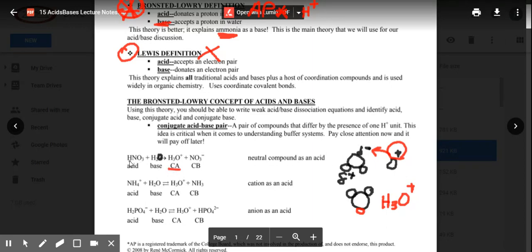The acid donated the proton to the base, and it now becomes NO3 minus, because you see how it's rid of an H plus here, right? So now it's NO3 minus. Well, that makes this now a conjugate base.